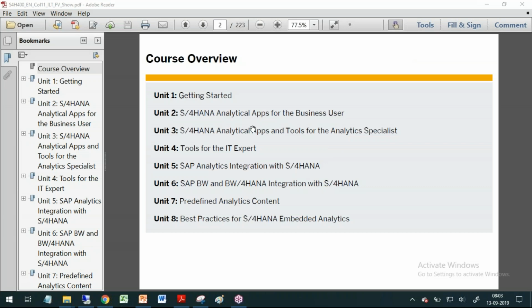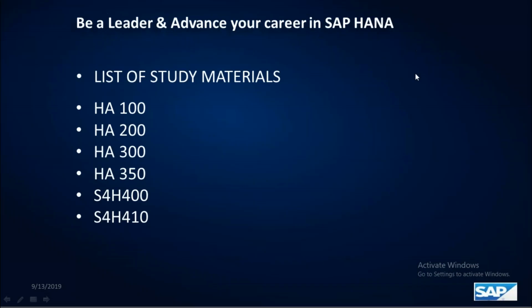We have different units about S4HANA Embedded Analytics, and each unit describes in detail what views we're going to work with, what tools we require, and how you integrate, and some of that content is provided by SAP with this particular document. This is available for your reference, and the document will be available for your download. You're going to require this document, and there's one more document, which is the CDS view development.